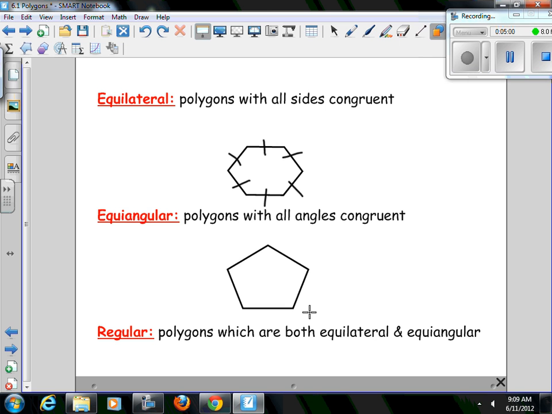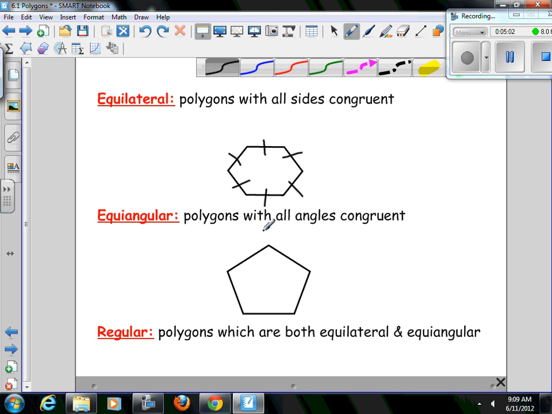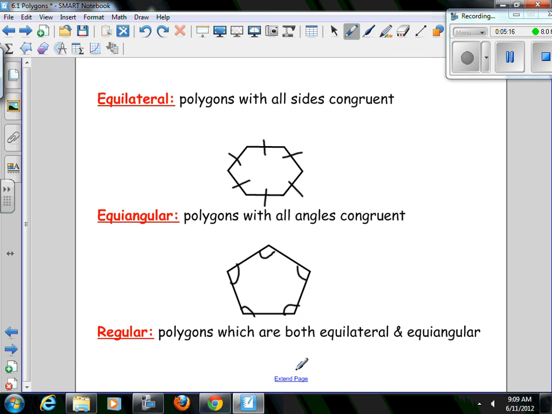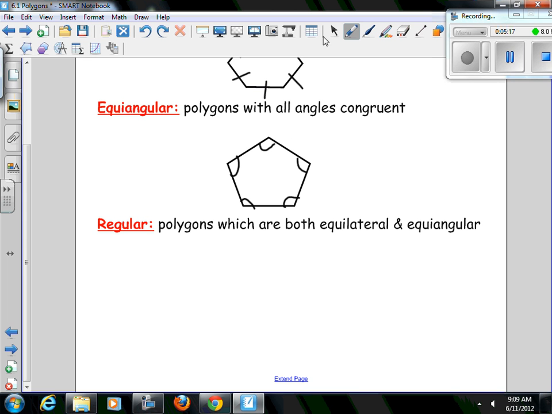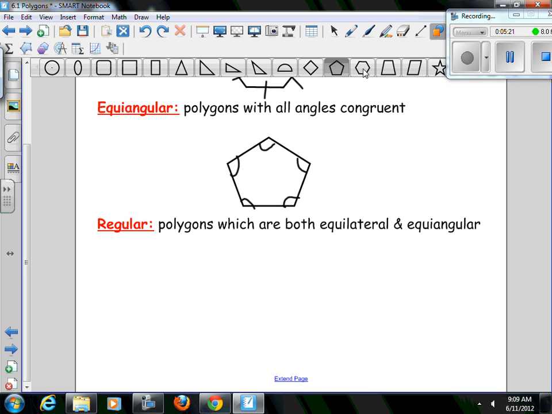So here's an example of an equiangular pentagon. Equiangular pentagon. It has 5 sides. If a polygon is regular, that means that these are polygons which are both equiangular and equilateral.